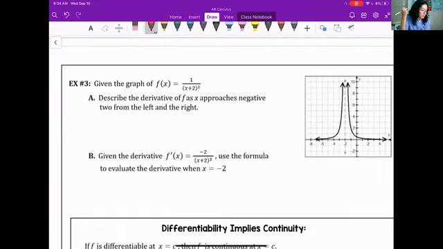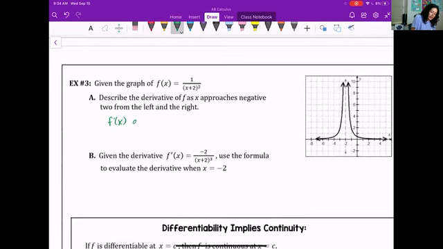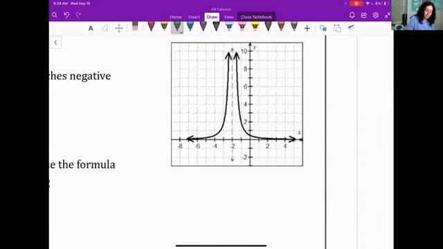Okay, it says describe the derivative of f as x approaches negative 2 from the left and negative 2 from the right. Okay, so first I'm going to find f prime of x as x approaches negative 2 from the left. Okay, so remember f prime of x, the derivative, that's the same as the slope. So as I'm getting closer, I want to see what kind of slope do I have here.